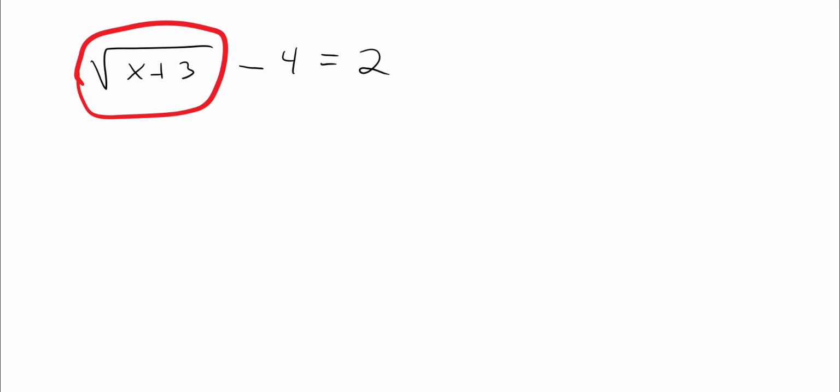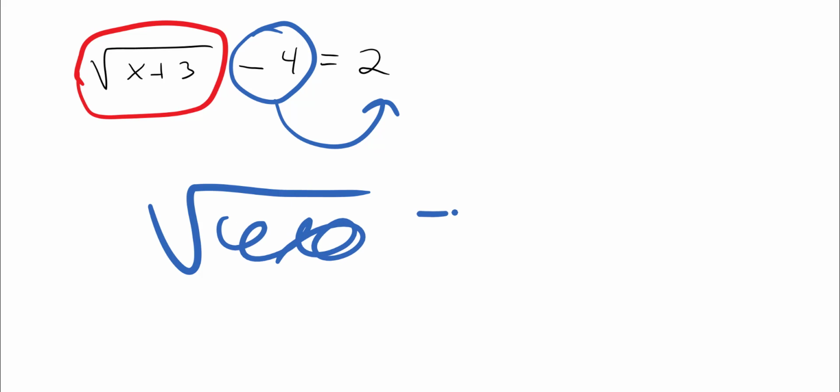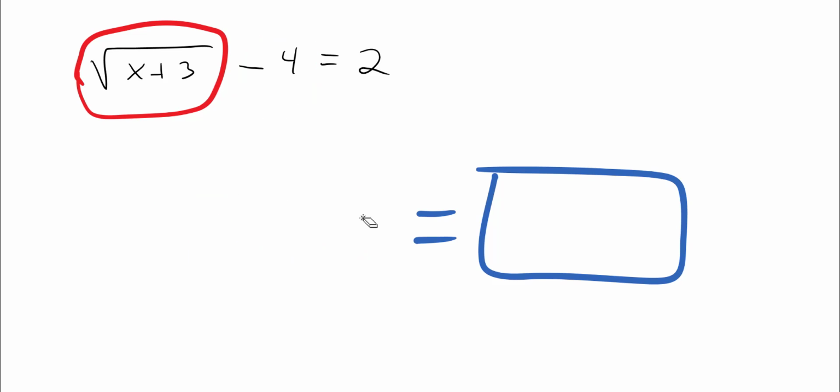So anything other than the square root, like this negative 4 here, you need to move that over to the other side before you can square both sides. So basically you need all the stuff here, I don't care what it is, to be equal to some number. That's what you need before you can square both sides. Okay? So for this one, let me erase some of the stuff that I just drew here so it's not so cluttered.